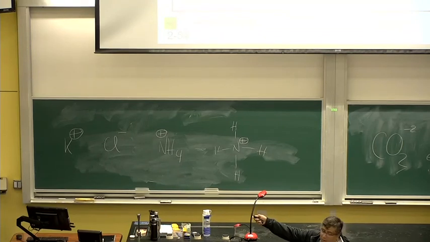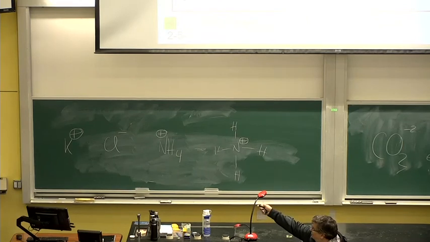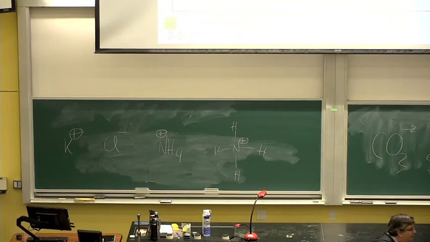So group 1 will have +1: lithium, sodium, potassium, rubidium, cesium, francium. Group number 2 will give you +2: magnesium, calcium, strontium, barium. On the other side, for the anions, it's not the group number that gives the charge, but the separation counted from the right. So -1 from group number 7, -2 for group number 6, -3 for group number 5.